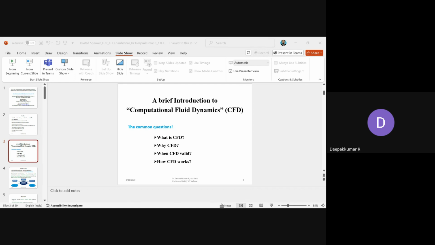Once you start utilizing CFD as a tool, it will reduce the overall cost of producing a product, because in the early R&D stage we have to spend a huge amount of money on a new product. Through simulation-based design, we can get a lower cost for the product design.